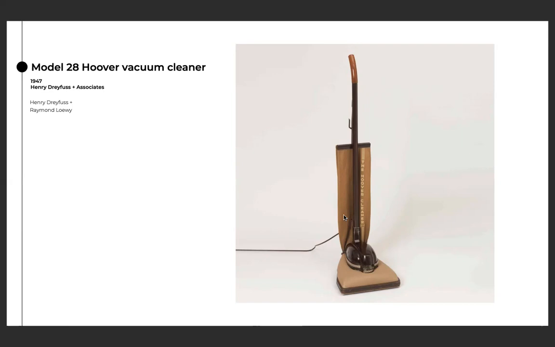Think about the width of the handle and the grip that you would need in order to use this. Think about how he incorporated the storage for the power cord. Think about how he designed the access to the bag, right? These are all things that need human consideration when building.